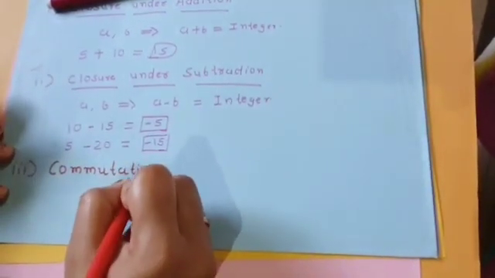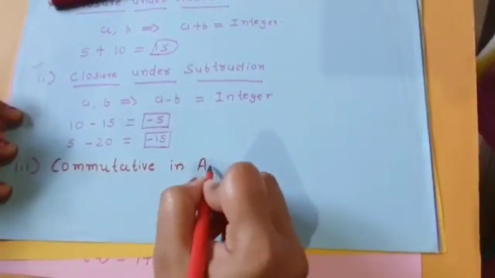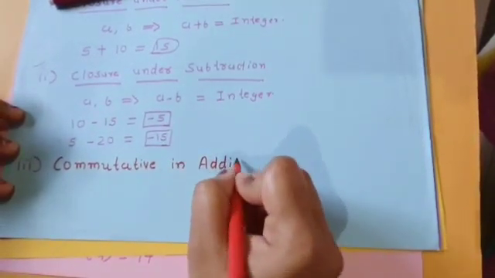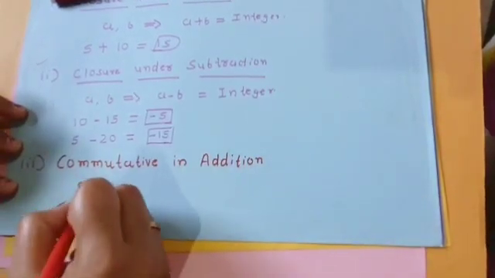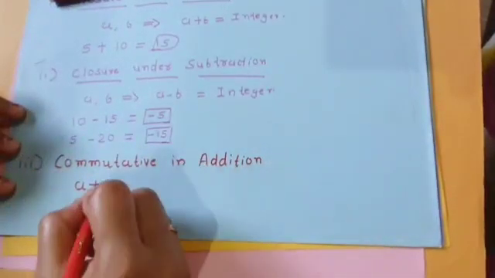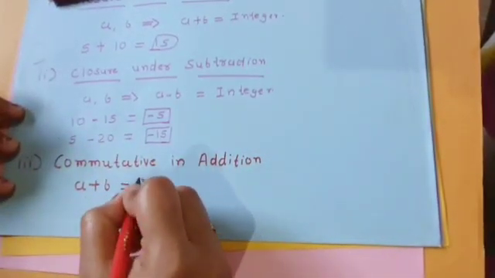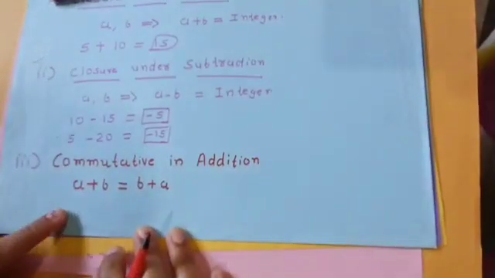Commutative property in addition. Here we will assume that A and B are integers. So A plus B is equal to B plus A. Let us understand it with an example.